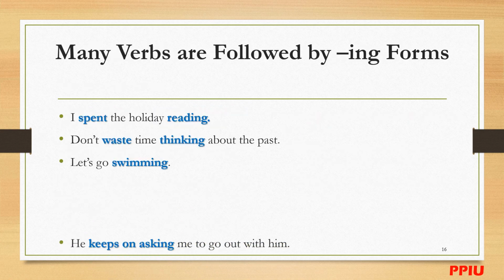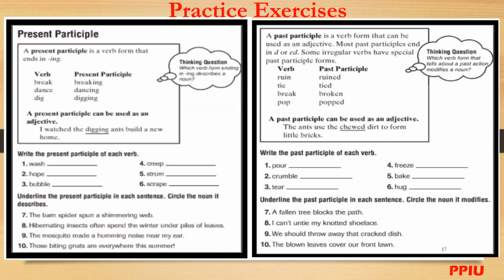That's all for this. If you have some questions, we can discuss further. I want everyone to practice all the exercises. Spend some minutes to practice. One is about the present participle, and this one is about the past participle.